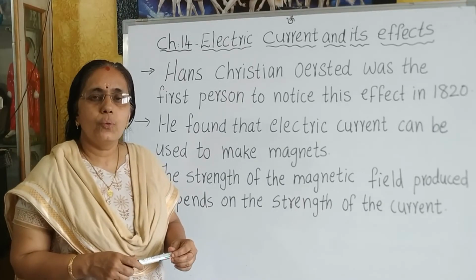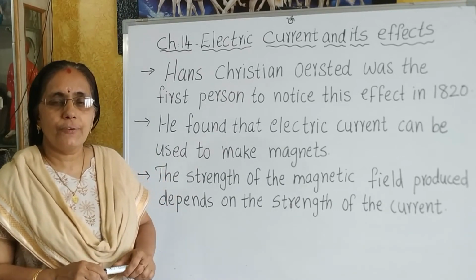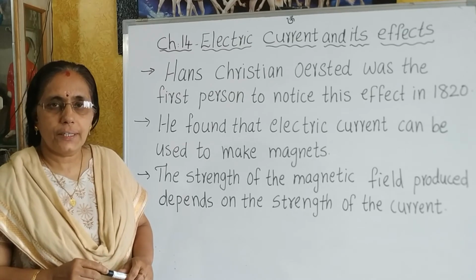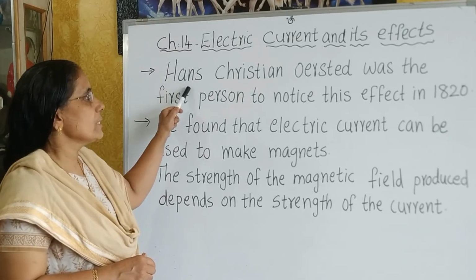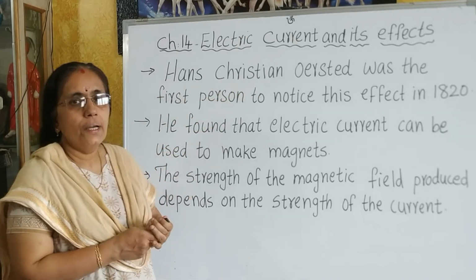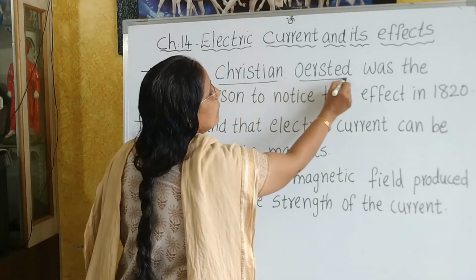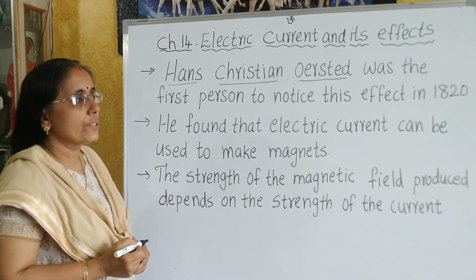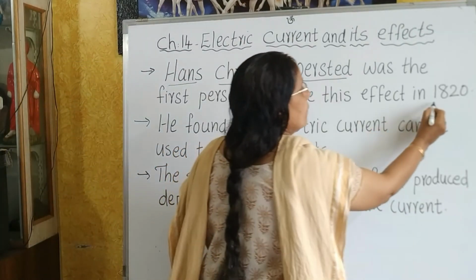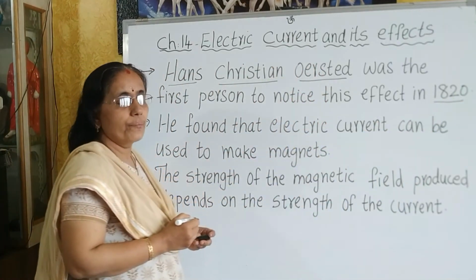Students, do you know who was the first person to notice this effect, that is the magnetic field of electric current? It was Hans Christian Ørsted, who was the first person to notice this effect in the year 1820.